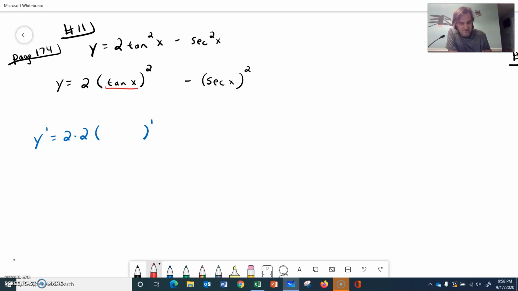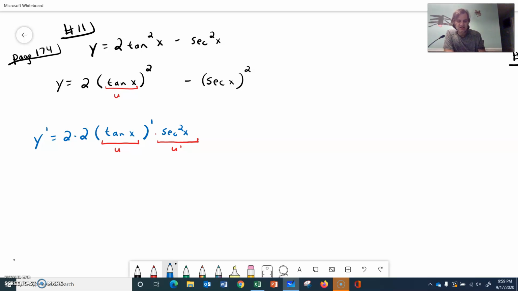The inside part, the tangent of x, is the u, so I'm going to put that in as I always do, and then the u prime goes on the outside. So as I write that in, it'll be 2 times tangent of x times the derivative of tangent, which is secant squared. We'll clean that up in a moment.